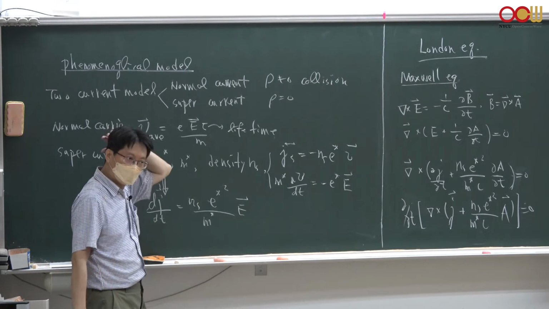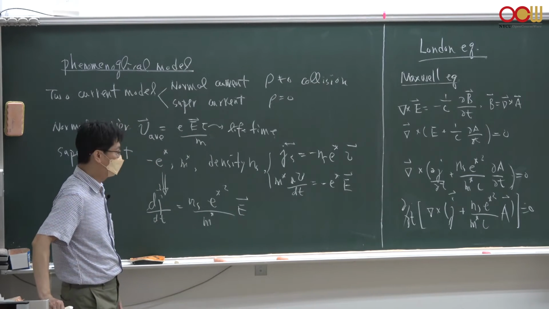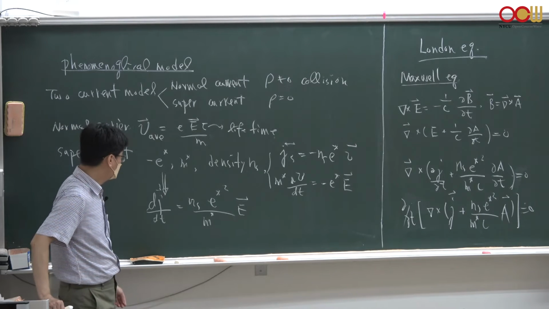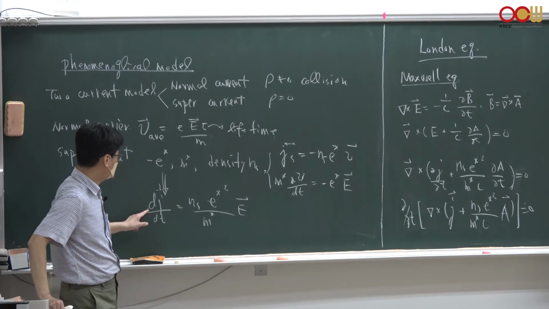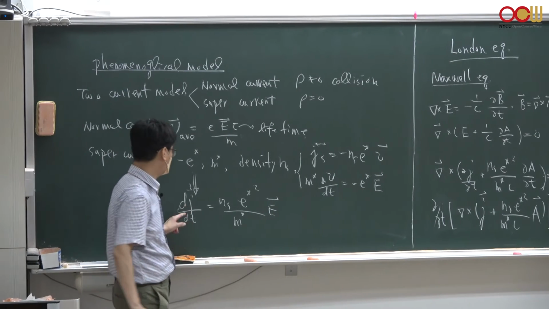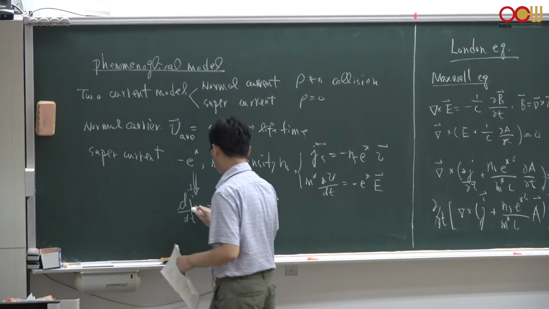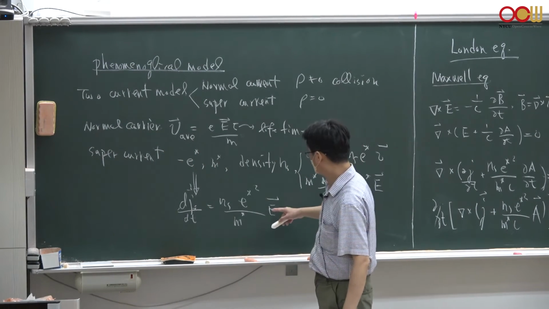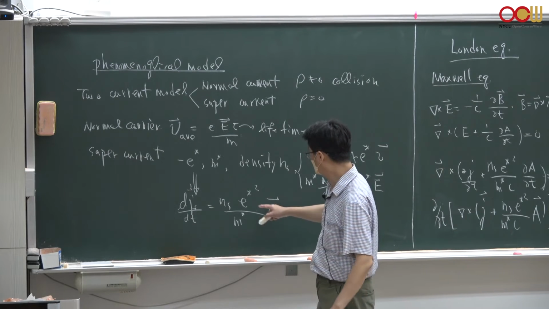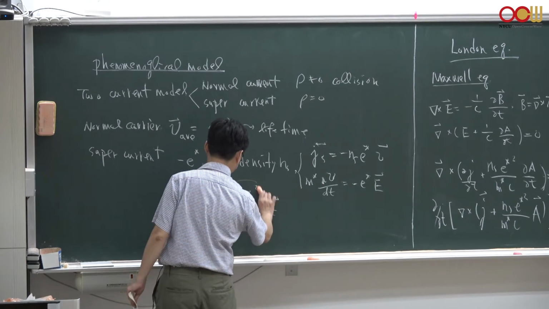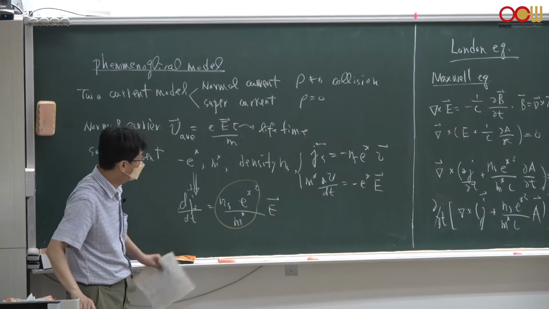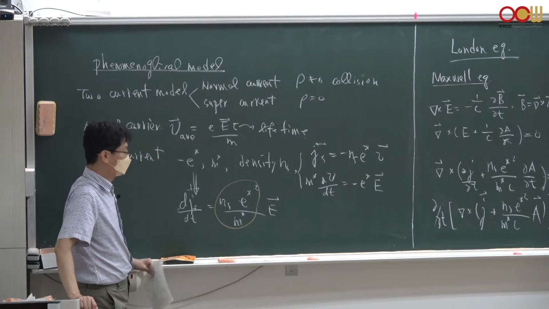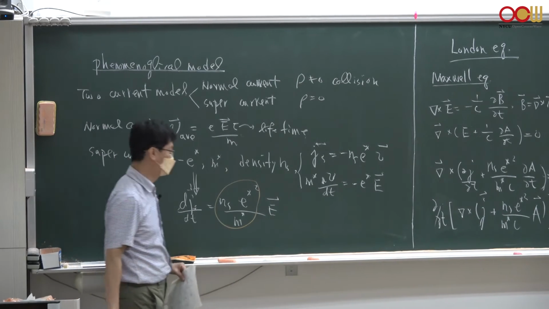So this is a Newtonian way of understanding the supercurrent. If you differentiate Js with respect to time, you get simply the electric field E multiplied by a constant prefactor. This will become very important later on to derive the London equation.